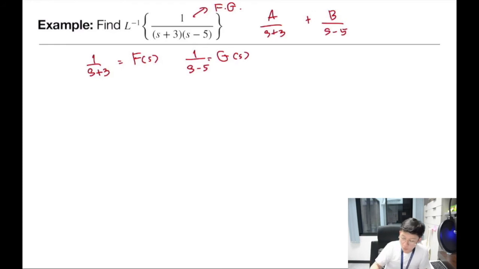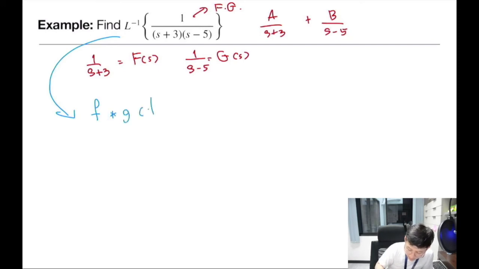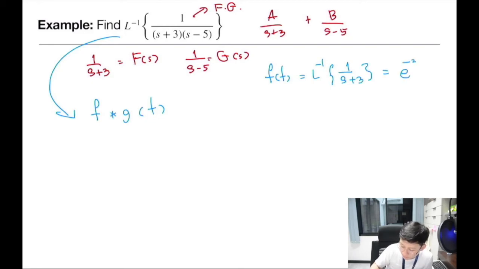So the inverse is just the convolution of f and g of t. Okay, so guys, what is f(t)? f(t) would be the inverse Laplace transform of the big F, which is 1 over s plus 3, and that would be e to the minus 3t.